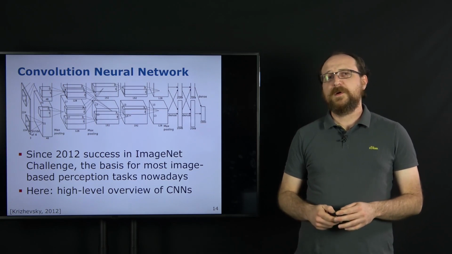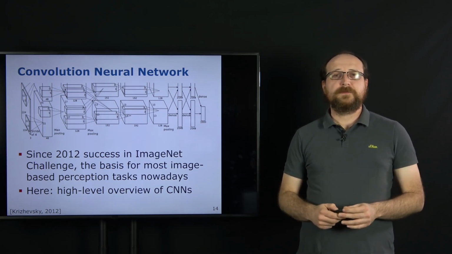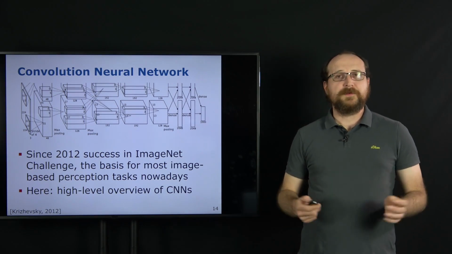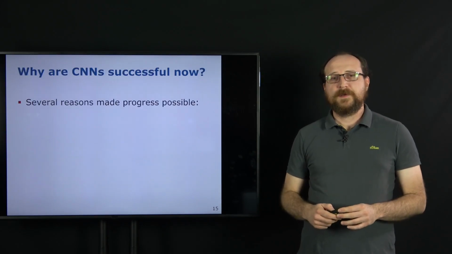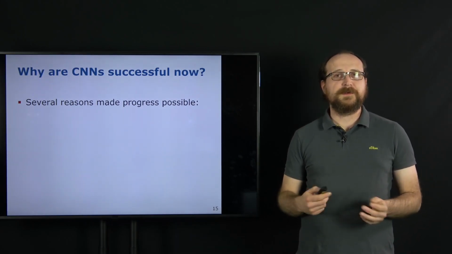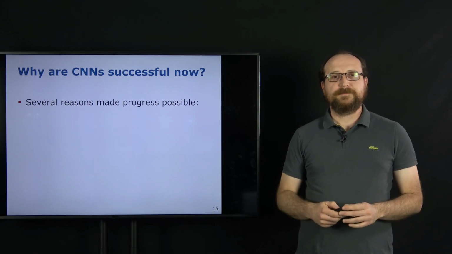But the question is now, why are convolutional neural networks such an important technique that basically took off since 2012? There are several reasons why we are seeing such an interest in this deep learning area.